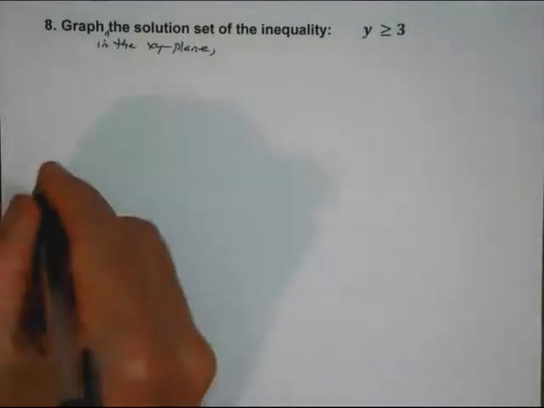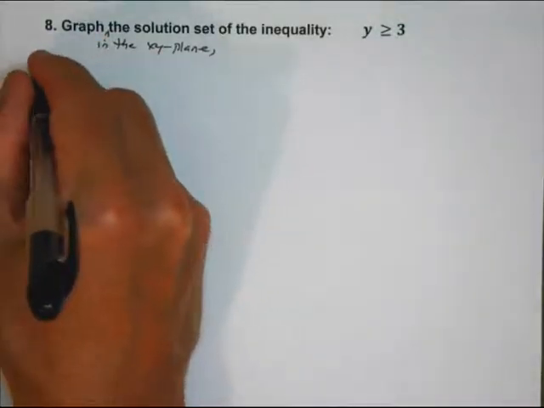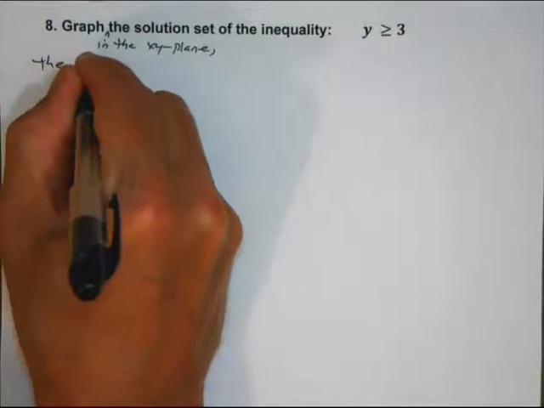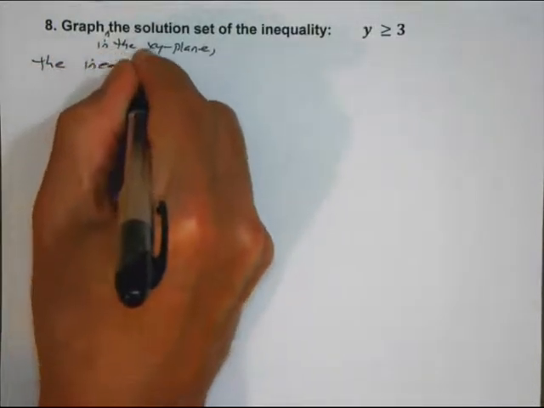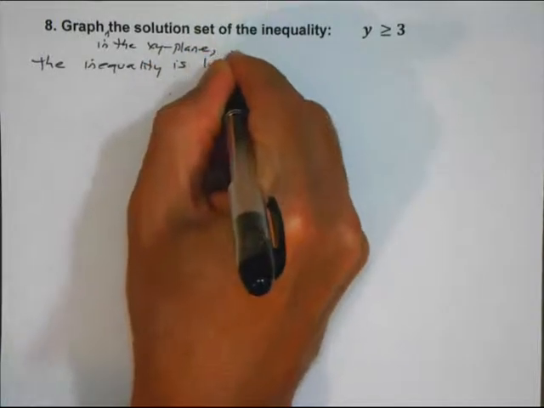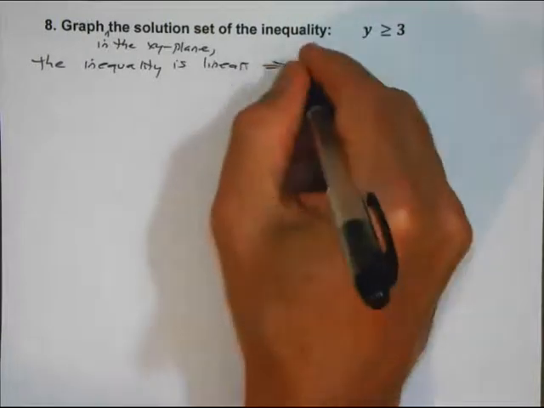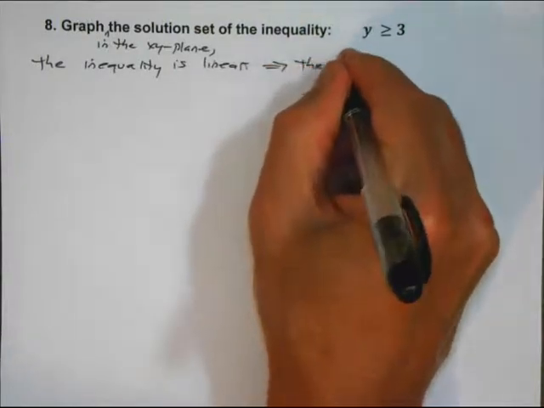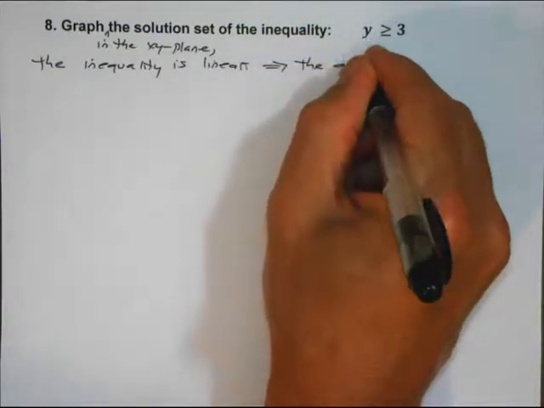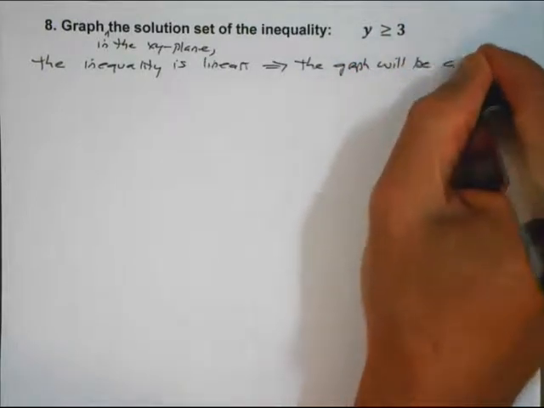Okay, let's continue. Well, this inequality here, it is linear. And that implies that the graph will be a half plane.